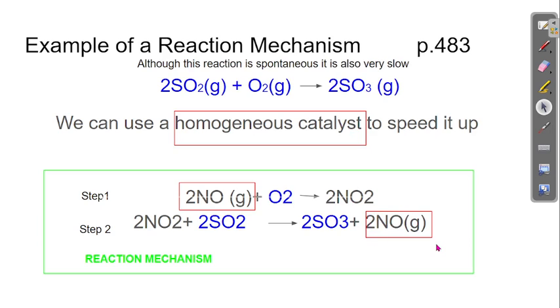And of course, there's leftover catalyst that is not being used up, because that's the definition of a catalyst. It doesn't get used up. It just lowers the activation energy of the reaction to speed it up by creating an intermediate product that is easier to react with the second reactant.